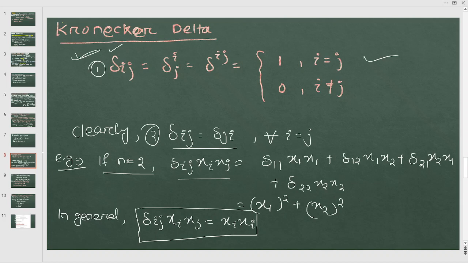You see the value of delta 11 is 1, delta 12, the indices i does not equal j, so I can write 0, multiplied this is 0, delta 21 is also 0, and delta 22 is 1. So we are left with the first term and the last term, that is x1 square plus x2 square.